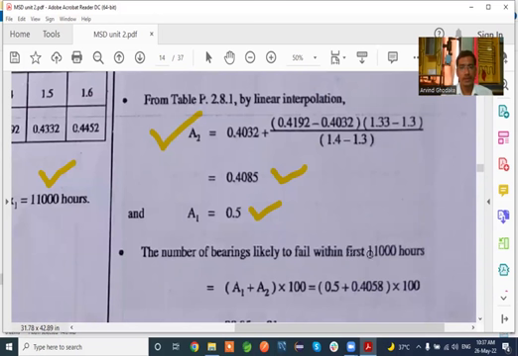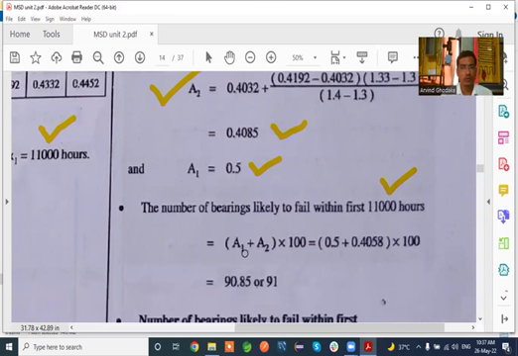Therefore, the number of bearings likely to fail within the first 11,000 hours is given by the formula (A1 plus A2) times 100. So 0.5 is the area A1 and 0.4058 is the area A2, times 100.